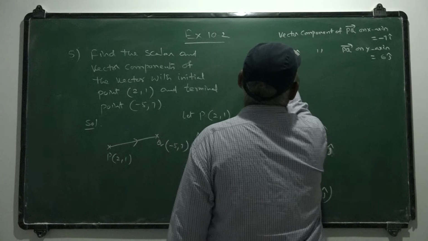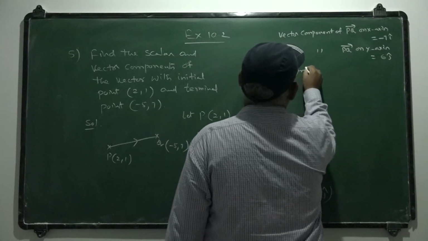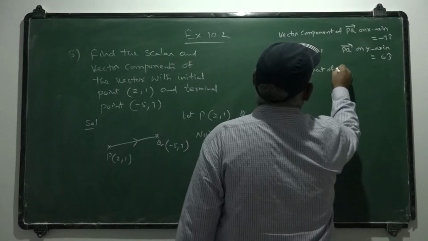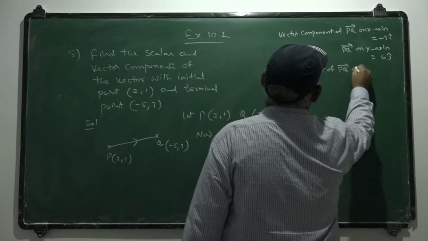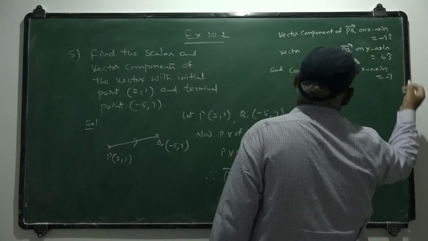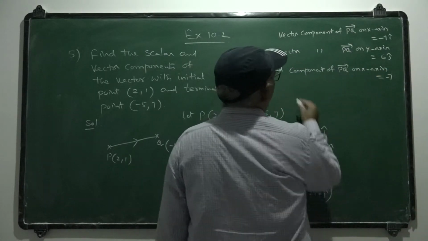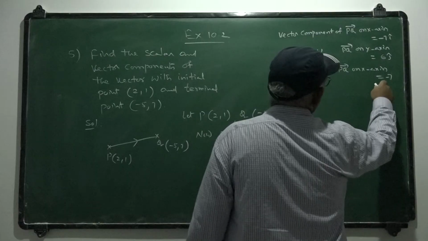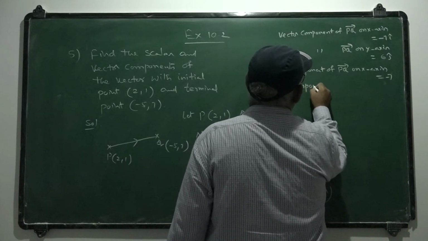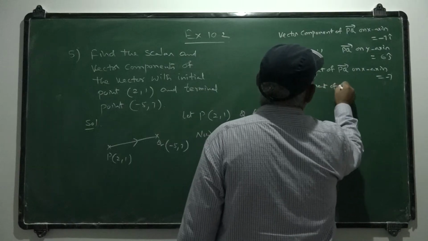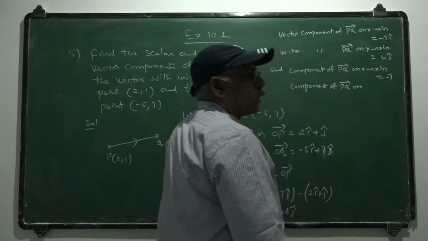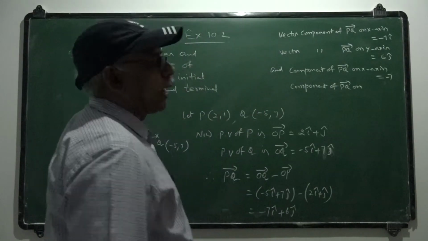Whereas the scalar component of PQ bar on the x-axis is only the length of the component, which is -7. Since it is negative, we are taking it on the negative axis.